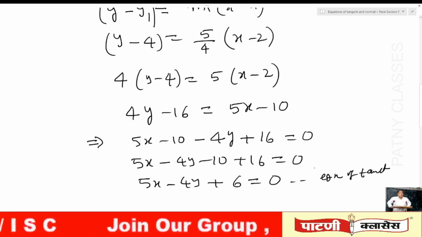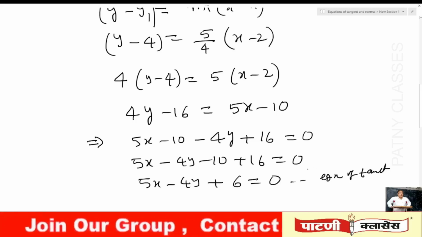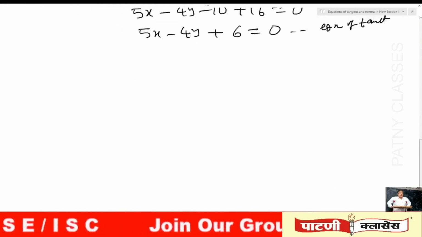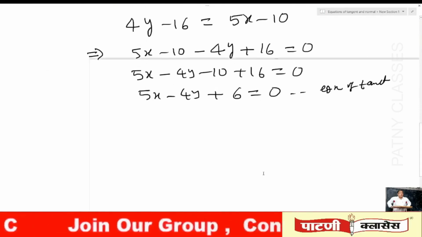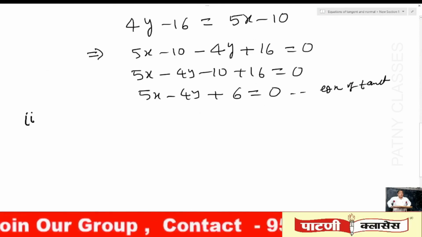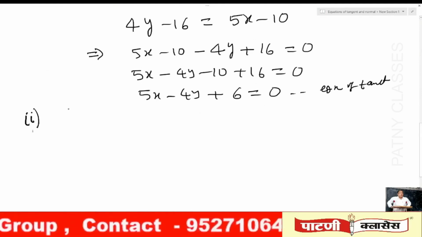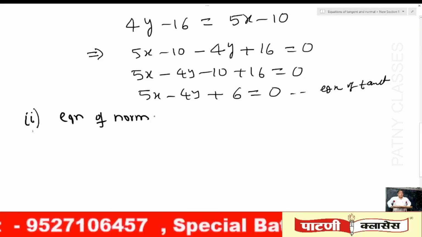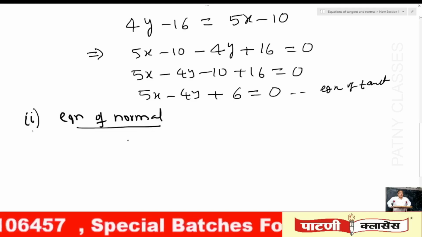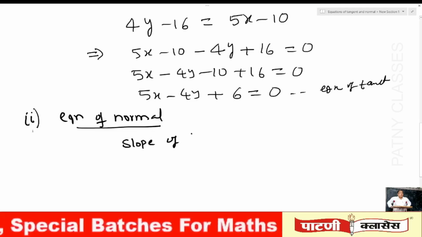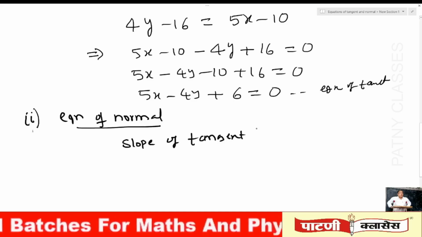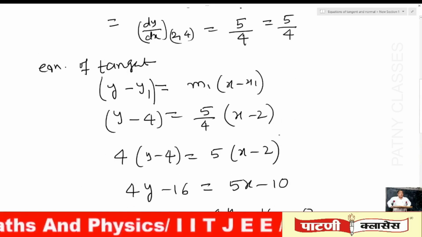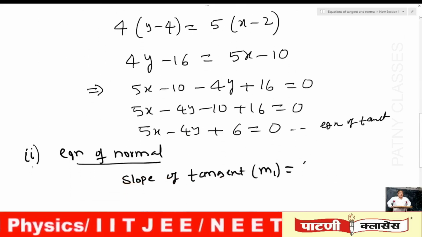Now we proceed to find the equation of normal. For that, the slope of tangent was m1 equals 5 upon 4.